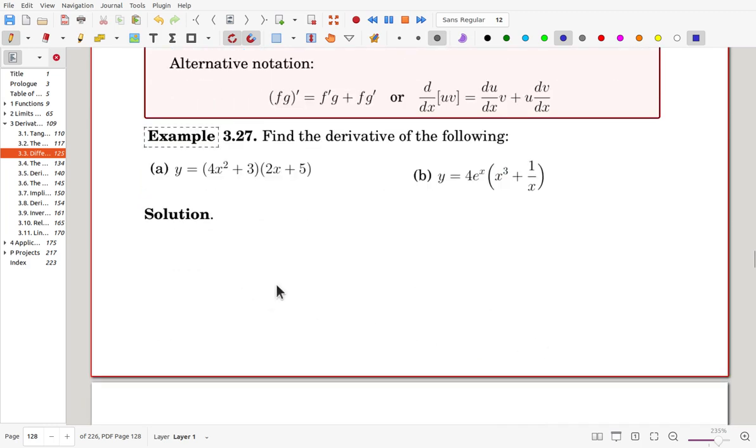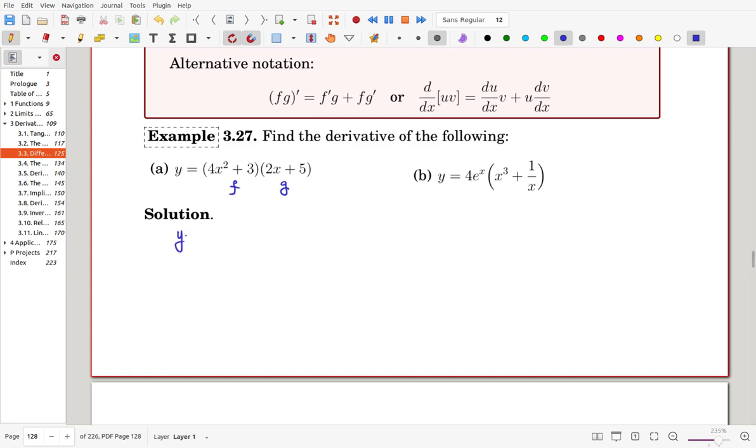Okay, let's try to find the derivative of the following functions. That is a product, this term and that term. So you may think this first part is f, second part is g.